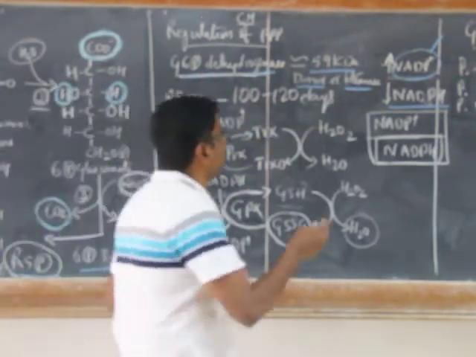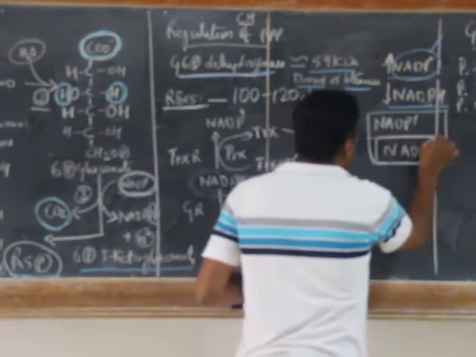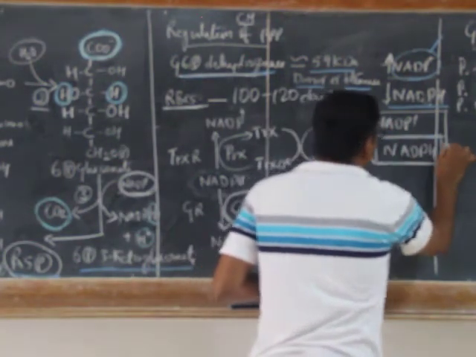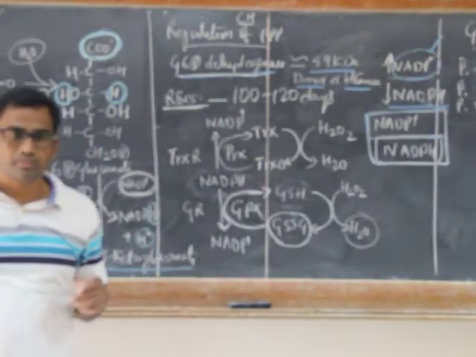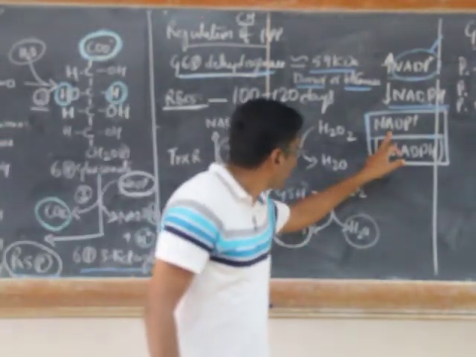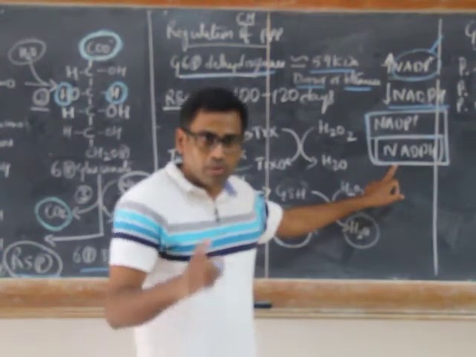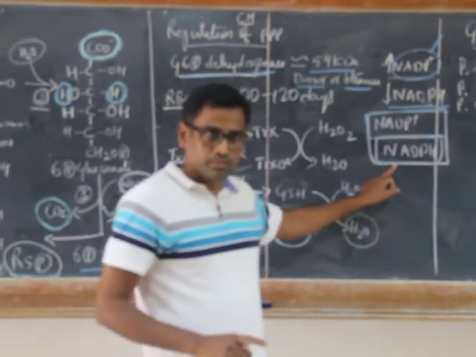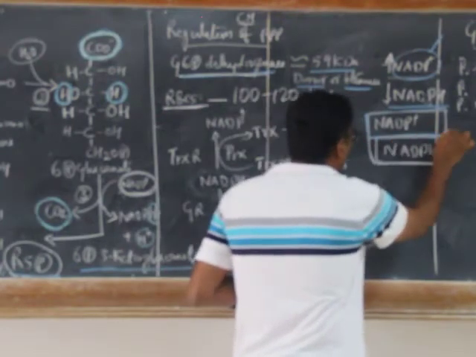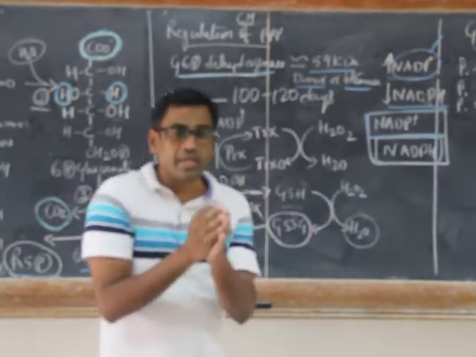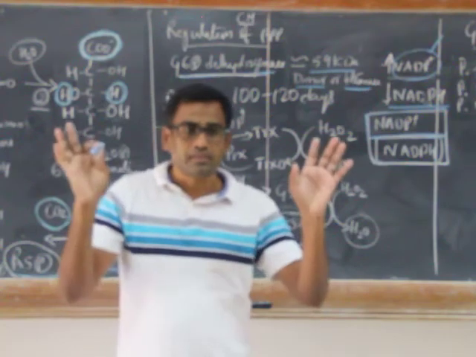It suggests that the ratio of NADP plus to NADPH plays important role. The ratio of NADP plus to NADPH plays important role because the ratio of NADP plus to NADPH is maintained in all the cells.